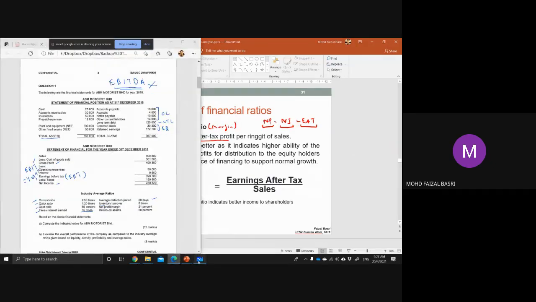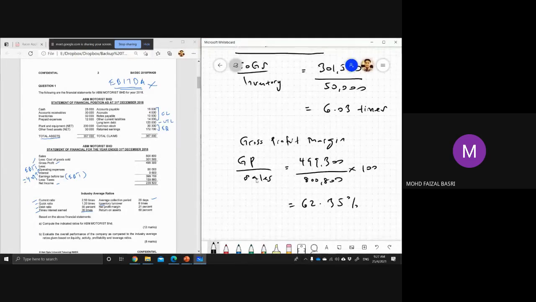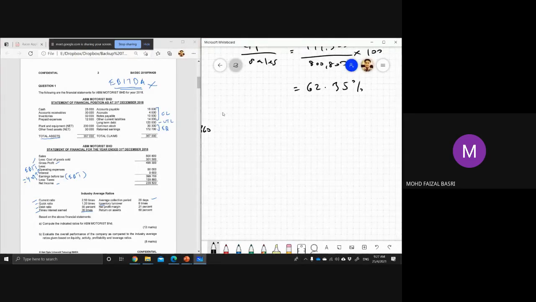So for this question, the net profit margin of the industry is 21%. If you want to calculate the net profit margin, we use net profit and sales and multiply by 100.